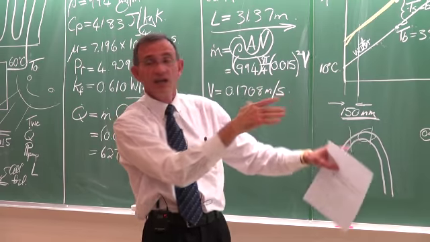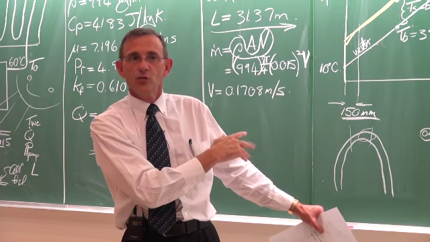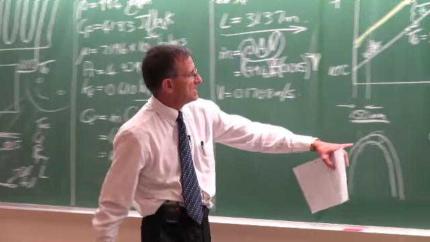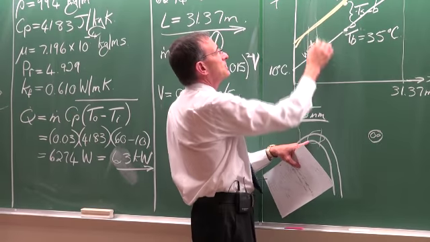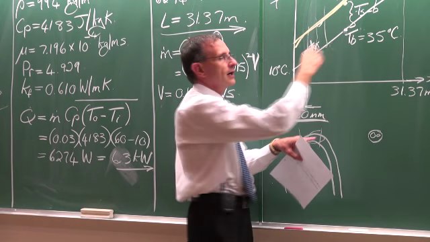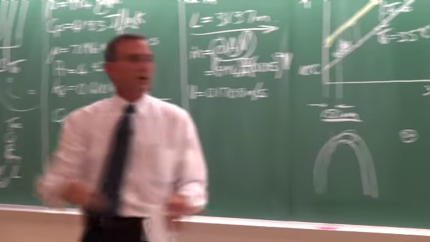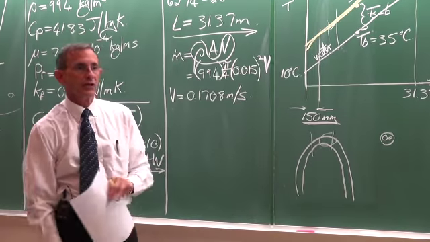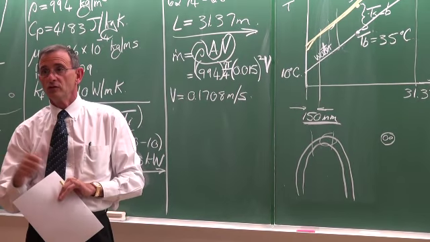So if you do all the calculations again, like we've done, you are conservative. It will actually just mean that the wall temperatures every time you go through a bend would go a little bit down. But this would be the average of everything. So that's the first part of the question.